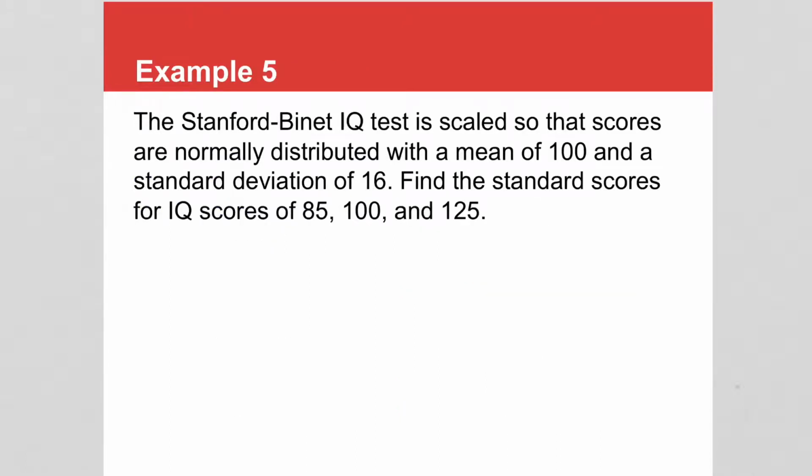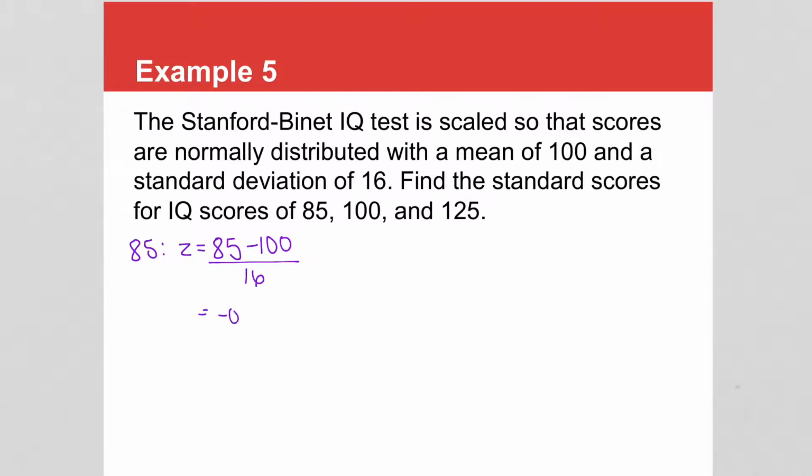So example 5 says, the Stanford-Binet IQ test is scaled so that scores are normally distributed with a mean of 100 and a standard deviation of 16. Find the standard scores for IQ scores of 85, 100, and 125. So all we need to do is plug into that formula our data value, which in the first case is 85, minus the mean, divided by the standard deviation.